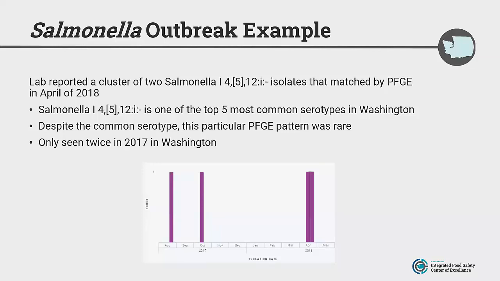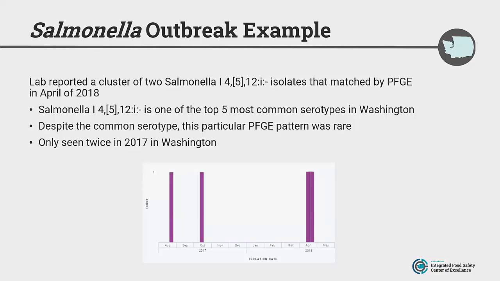Most of the cluster detection is time-bound, usually somewhere around 60 days is what the lab would look for. When we looked back in time, we had these 2 closely related isolates in April of 2018, and back in 2017, in August and October, were 2 additional isolates.